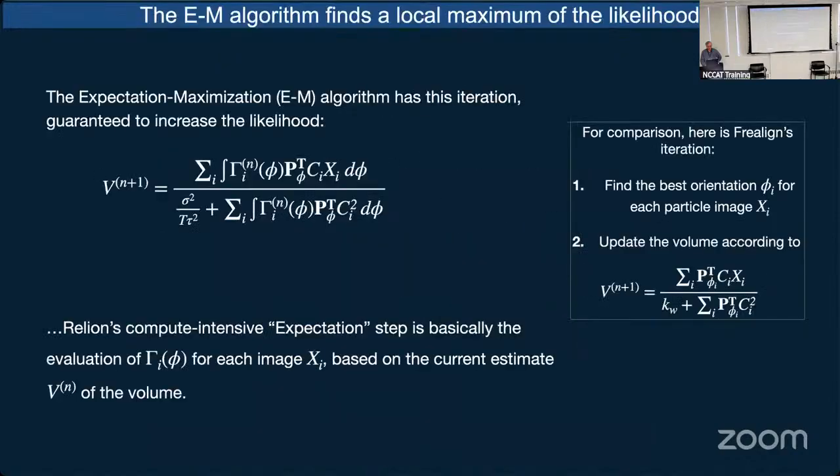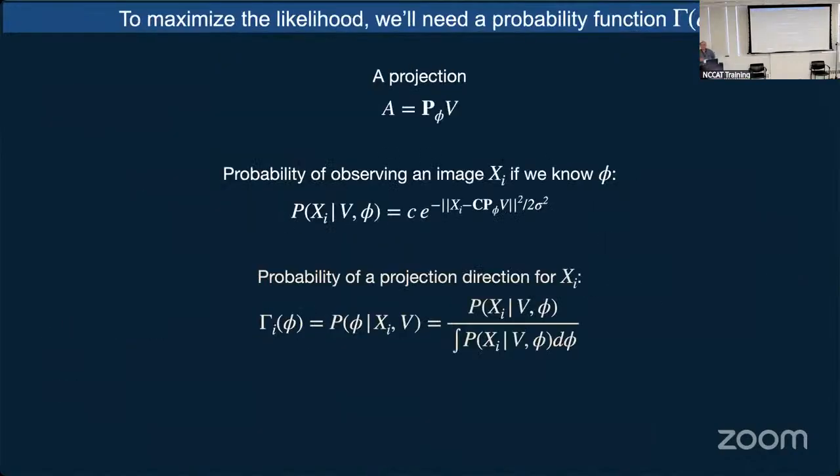So it turns out that there's a very nice algorithm called the EM algorithm, which does not stand for electron microscopy. It stands for expectation maximization. And to use that algorithm, we have to compute a function that is the probability of the projection direction itself.